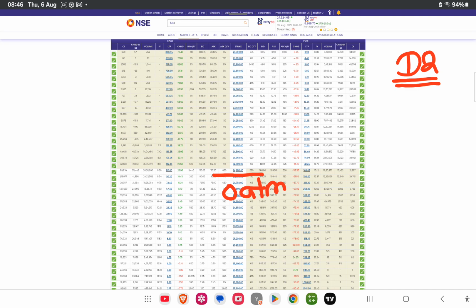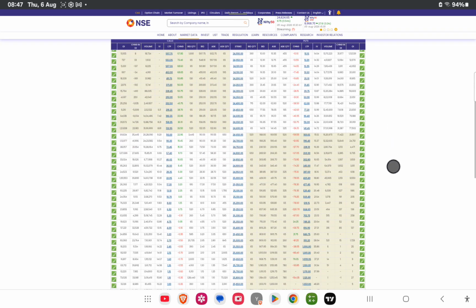It was sideways with 0.04 percentage movement. Let's check the move also. The open was a small gap up.